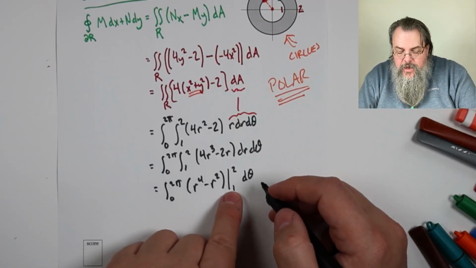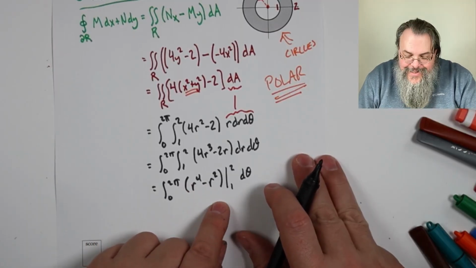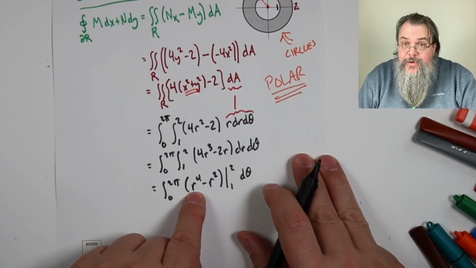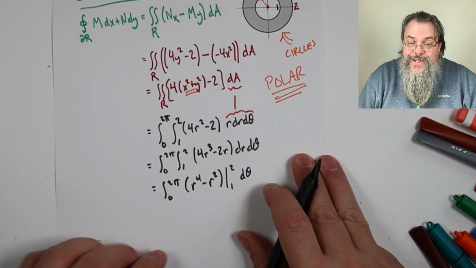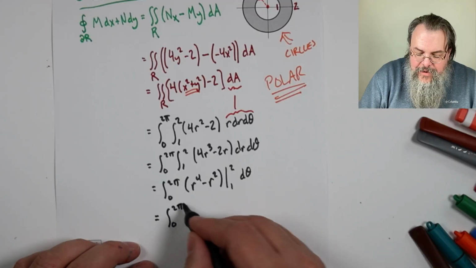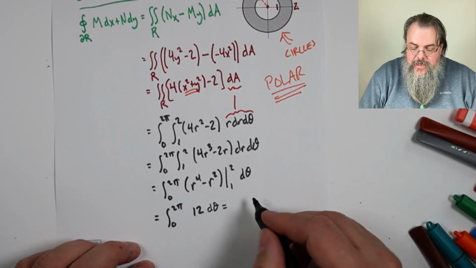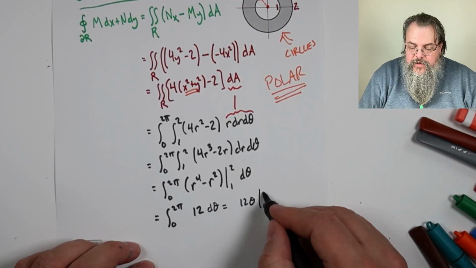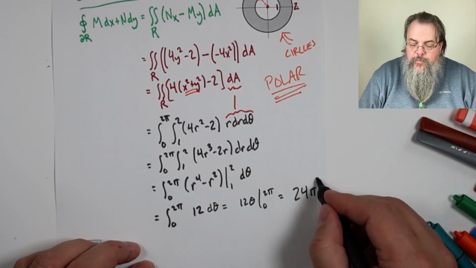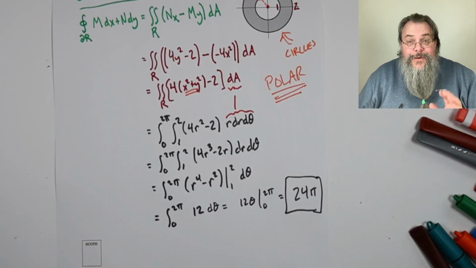Well, when you plug in 1, you're going to get 1 minus 1, which is 0. Nice. Plug in 2. 2 to the 4th is 16, minus 4. 16 minus 4, also known as 12. All right, so we're almost there. That's 12 theta, evaluated from 0 to 2 pi. 12 times 2 pi gives us 24 pi. And we did it.